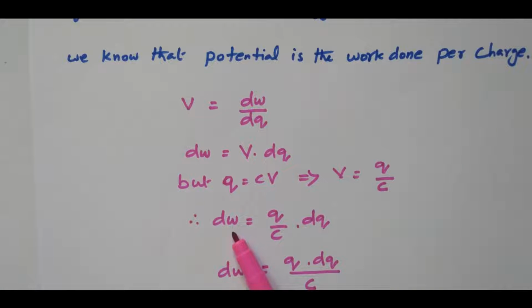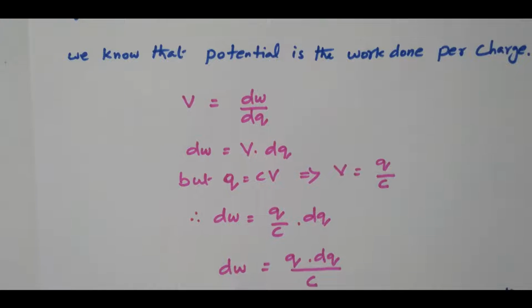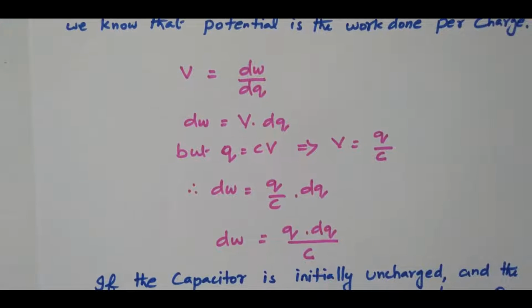So this work done is due to only a small charge. So by integrating on both sides, we will get the total charge. dW equal to Q dQ divided by C. So we have one parallel plate capacitor, voltage is applied. Then the voltage will be developed across the parallel plates. That voltage will oppose the supply voltage.